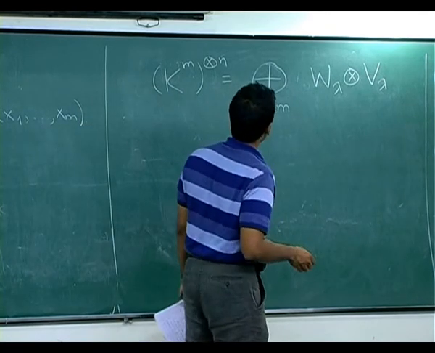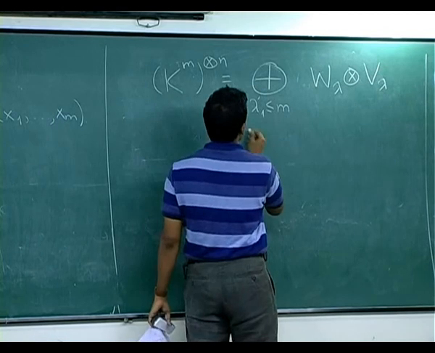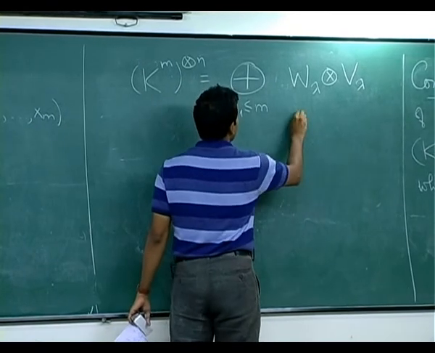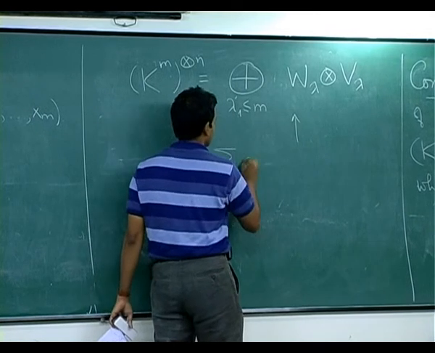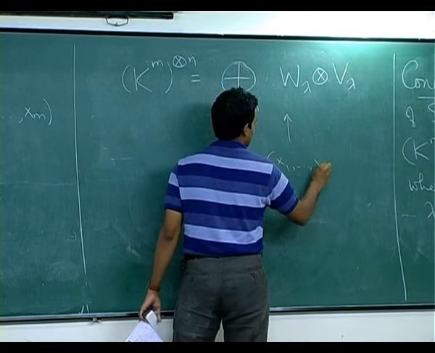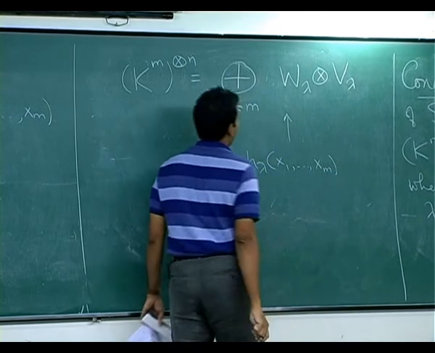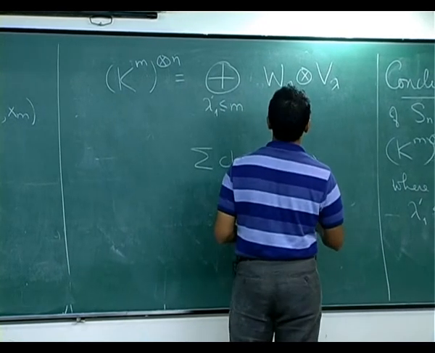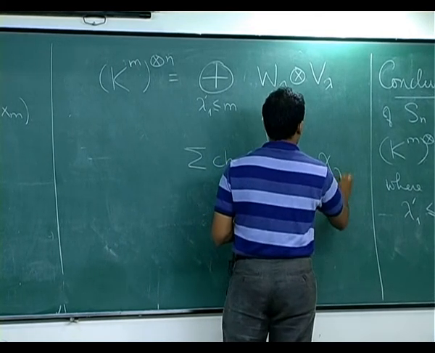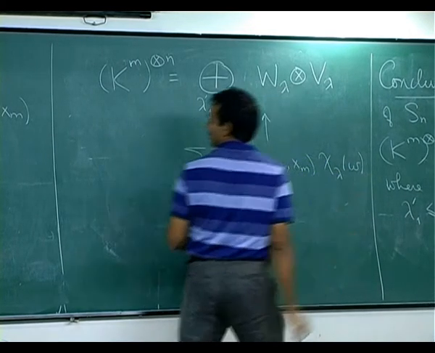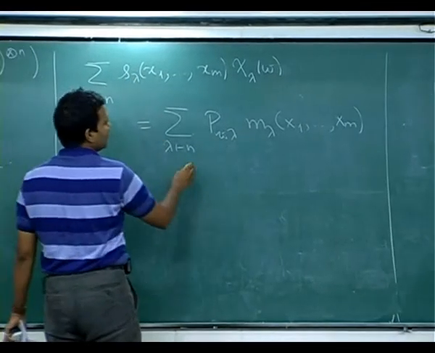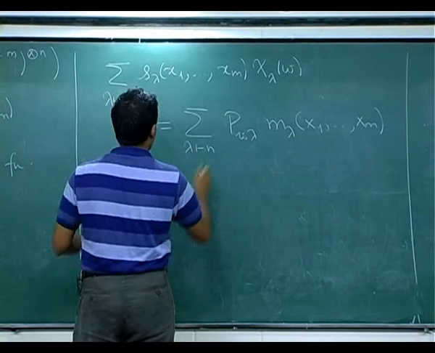The character of the right hand side is a summation, where this guy has character chi lambda of x1 to xm, and character chi lambda of w. So, what we get is that this guy, we calculated to be this thing.